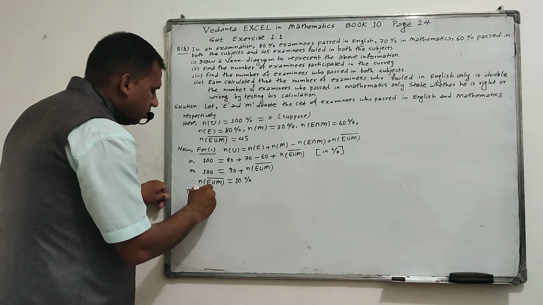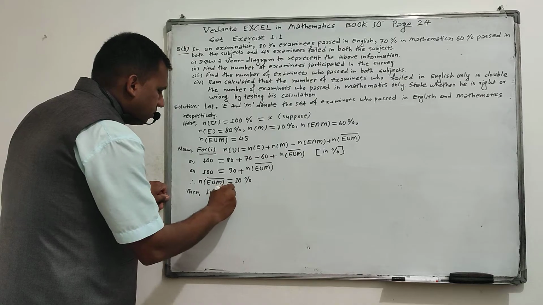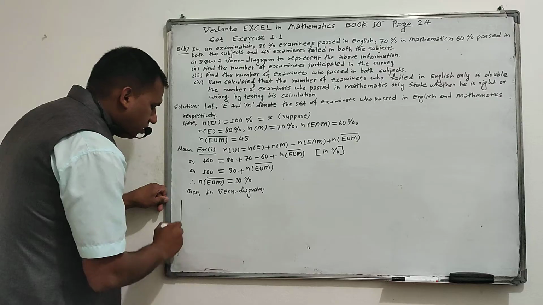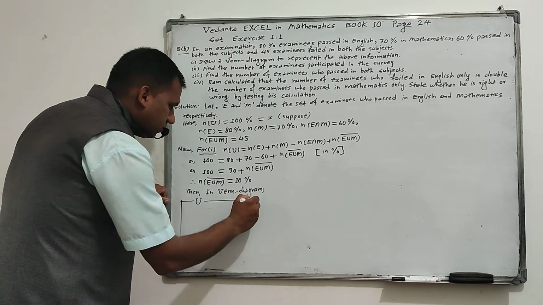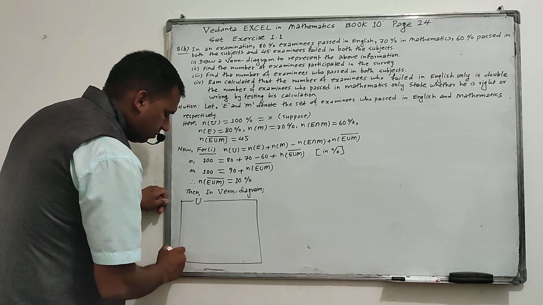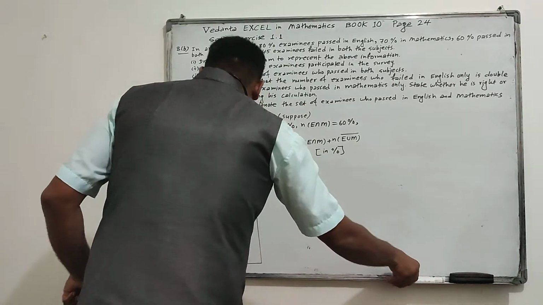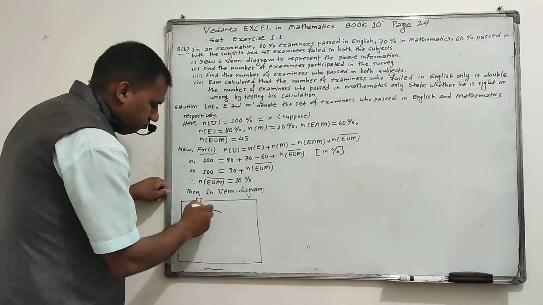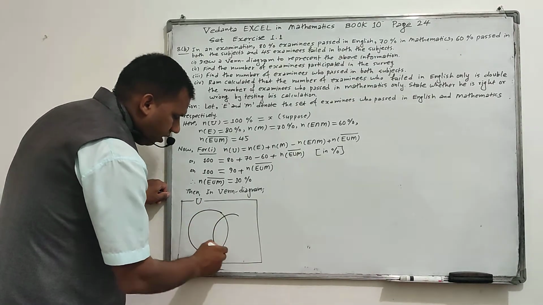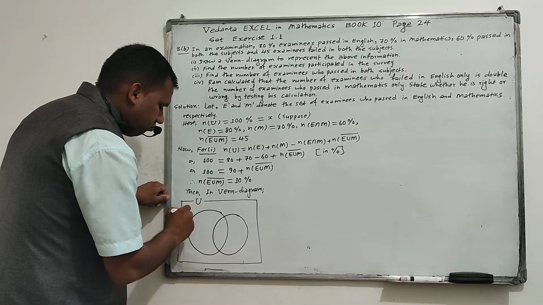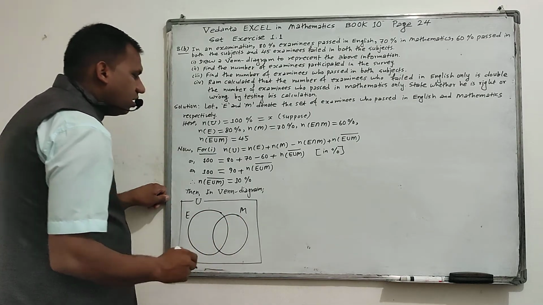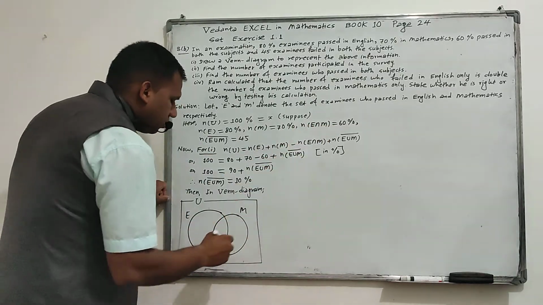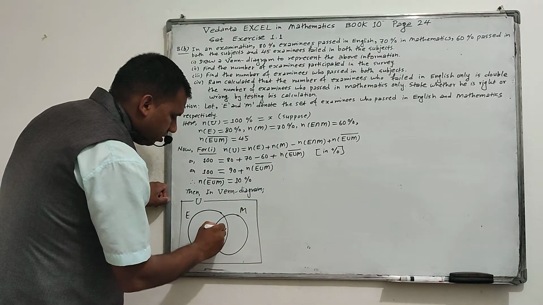Then in the Venn diagram, universal set U and the sets E and M. The intersection data is 60%, so in the middle 60%.